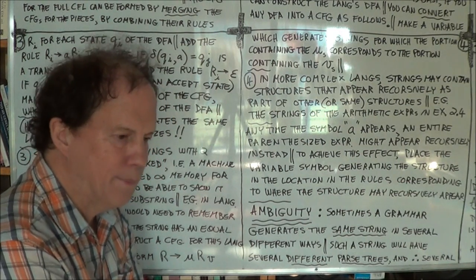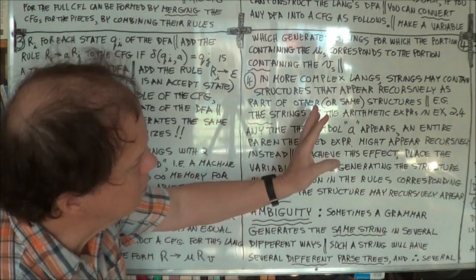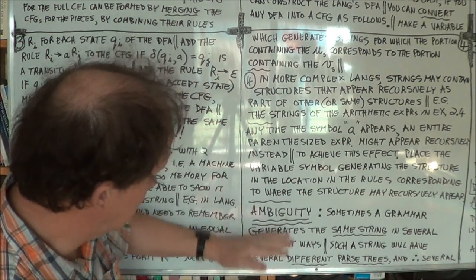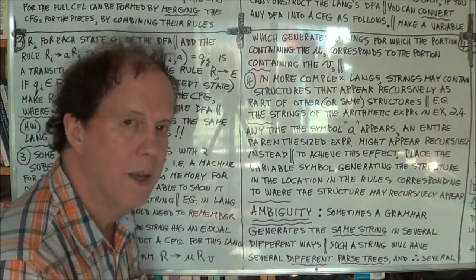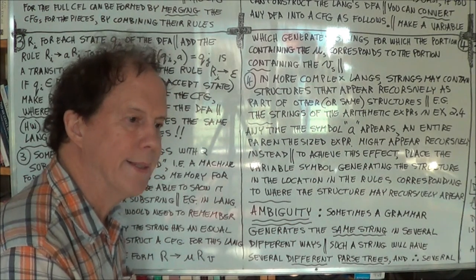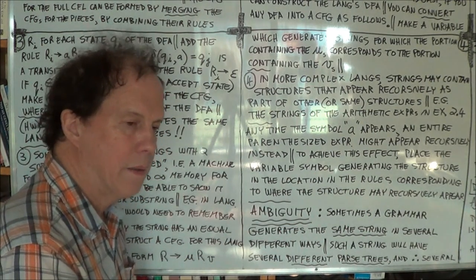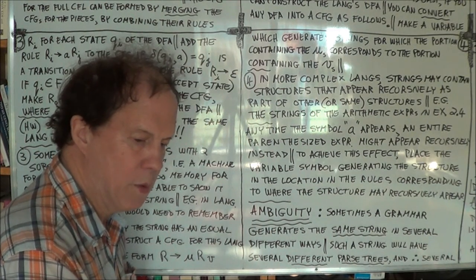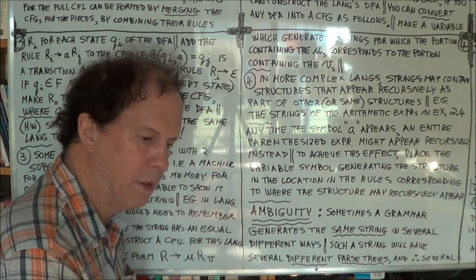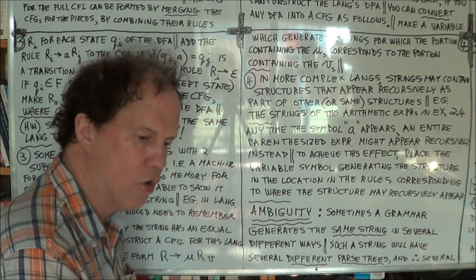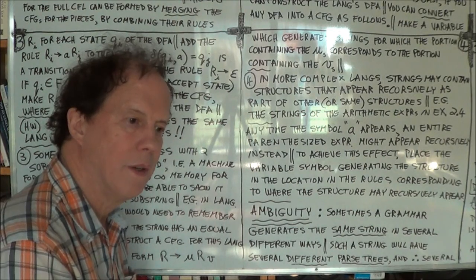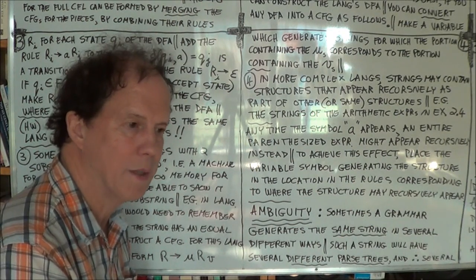Now, in fact here, we'll start talking about ambiguity. That means that your grammar can generate a string that has two different parse trees. Hence, like two different meanings, but it's the same string.